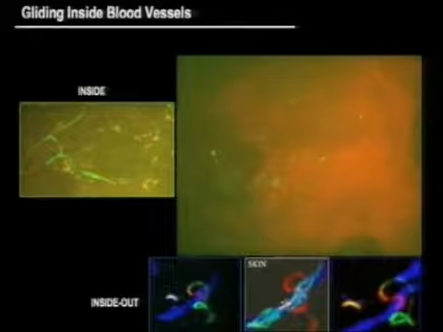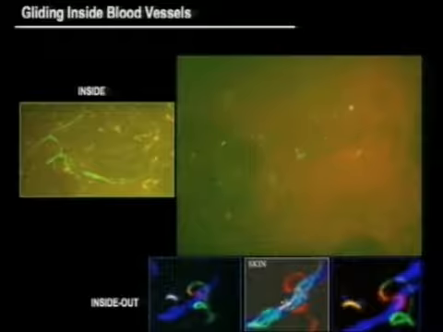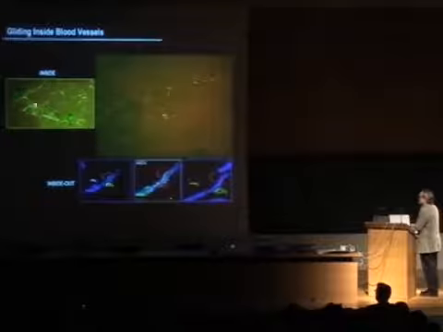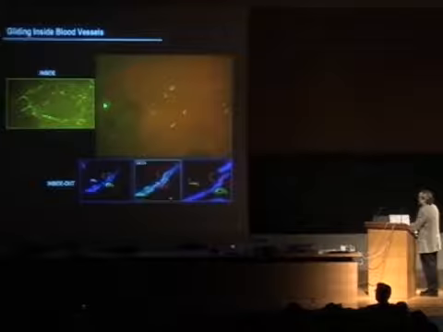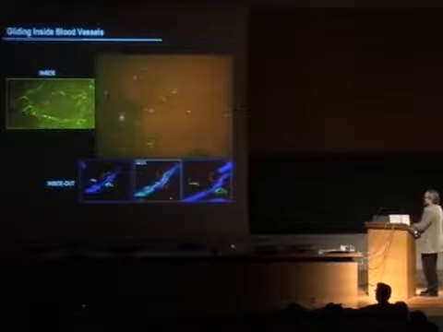Here is an example of a sporozoite that's gliding intravascularly. But I want you to follow this one who just invaded. It's inside the vessel. The vessel corresponding is here. And then look at this one. It goes here, makes the left turn. It's really going against the blood flow.